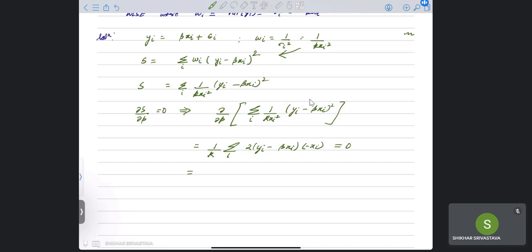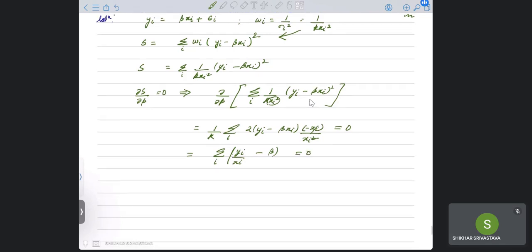The xi will cancel and the 2 will go, so you'll finally have the sum of yi upon xi minus beta equal to 0.